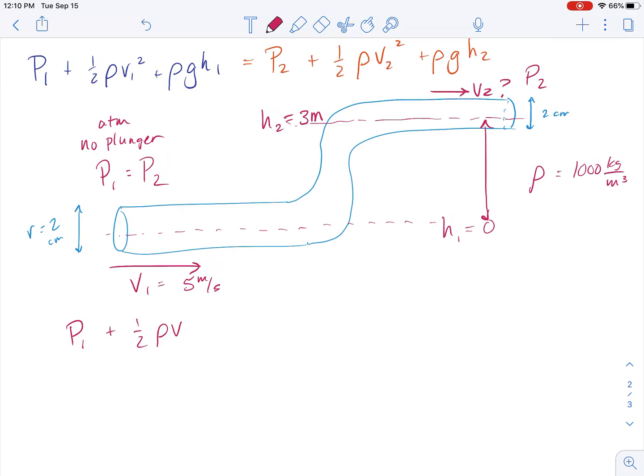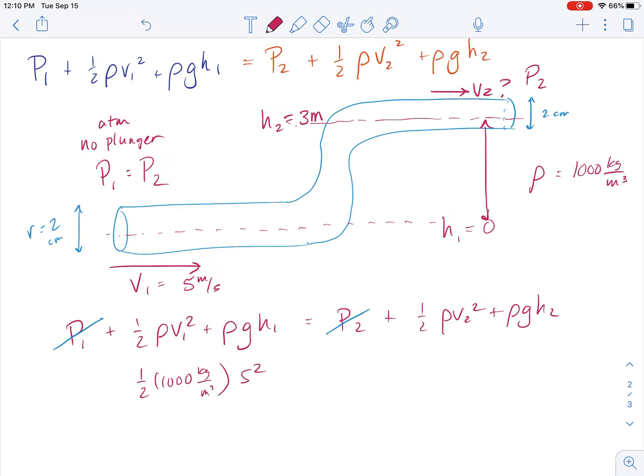Okay, so I'm going to write out my formula again, just for good practice. Now, I said that P1 equals P2. That means I could subtract them from both sides of the equation in this situation. And now I'm going to plug in some values. So 1/2 times the density of water times the speed of the water squared, plus rho gh, so that's 1,000 times 9.81.